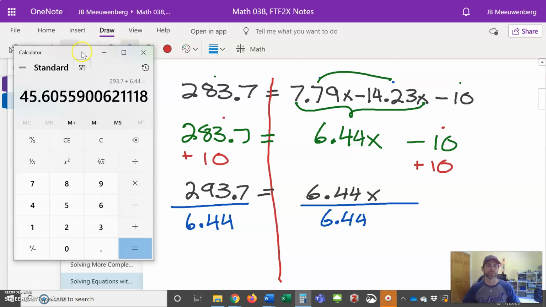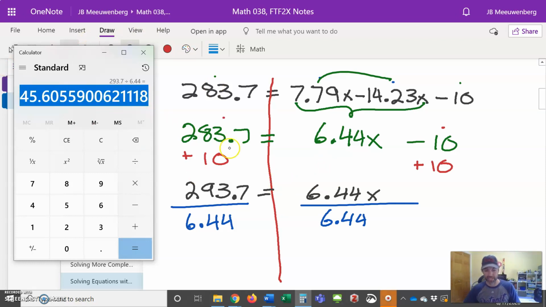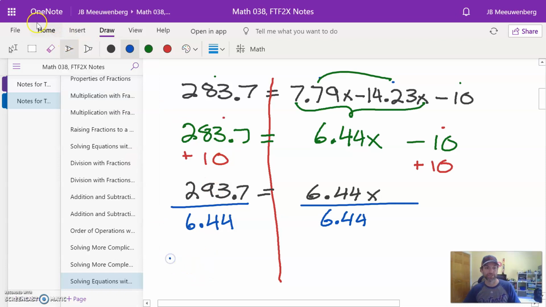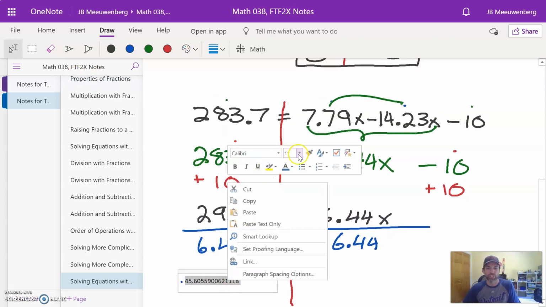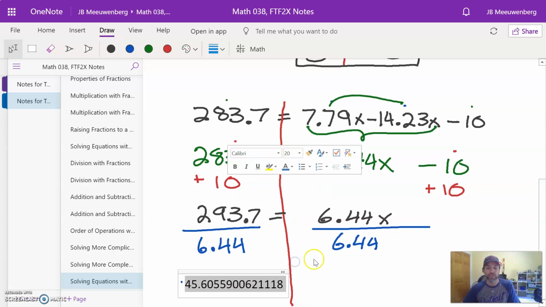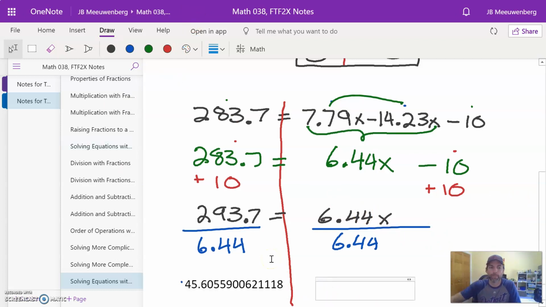Oh my goodness, that looks awful. 45, I'm going to copy this and paste it right here, because we're going to talk about what we do with that. Sometimes when you're solving an equation, you get a really big, messy, nasty number. And you need to figure out, how do I actually deal with that? So this is equal to x.